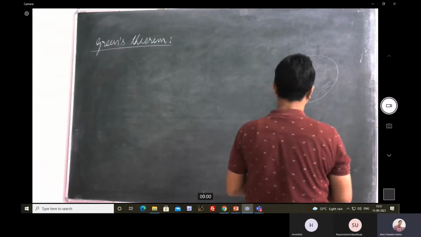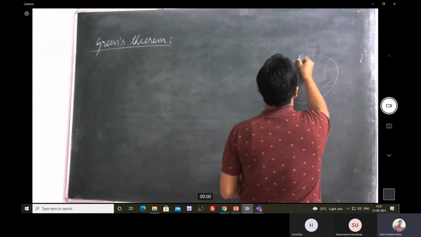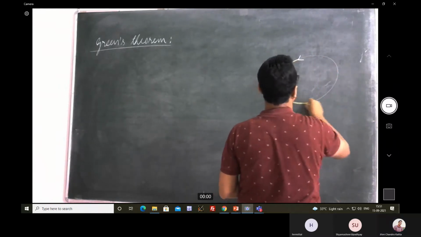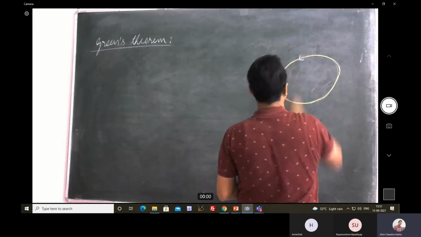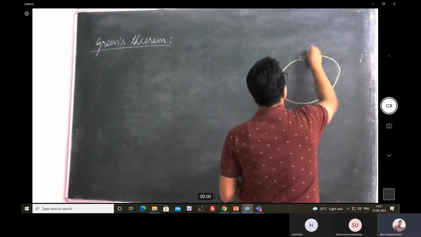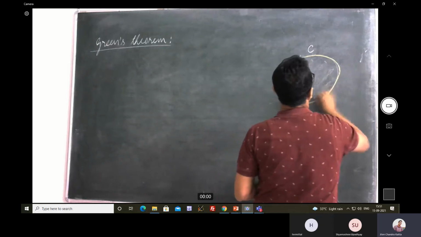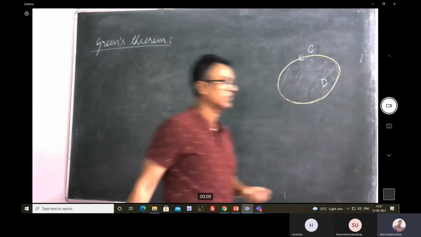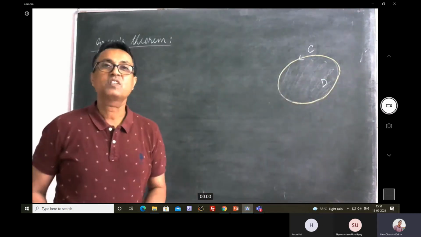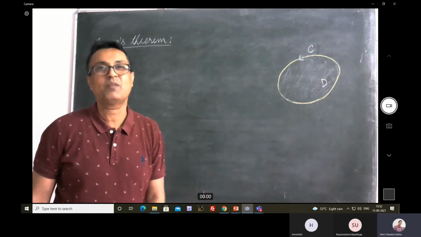So basically, what I am doing here is considering a closed curve C which bounds the region D. Okay? Up to this it is fine. You have already learned these concepts.